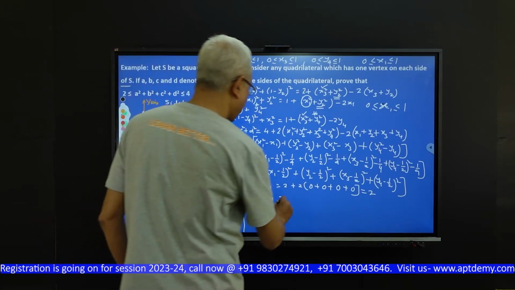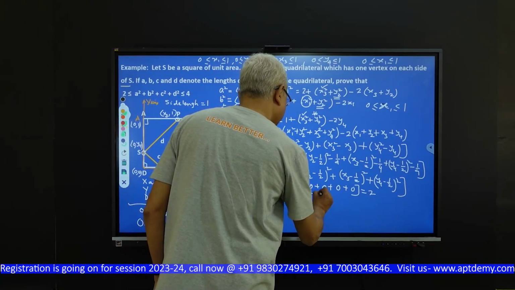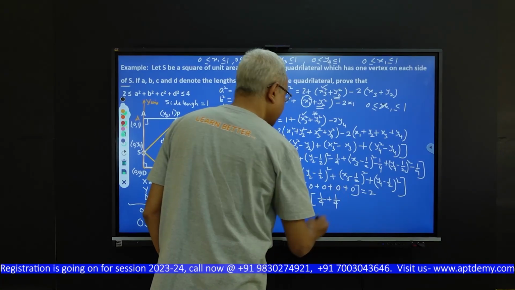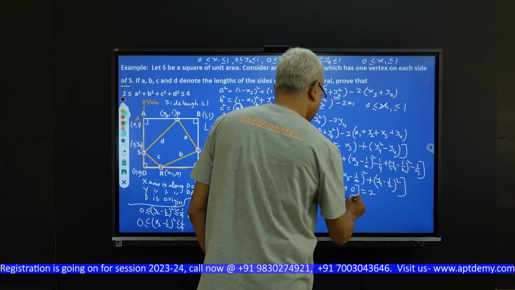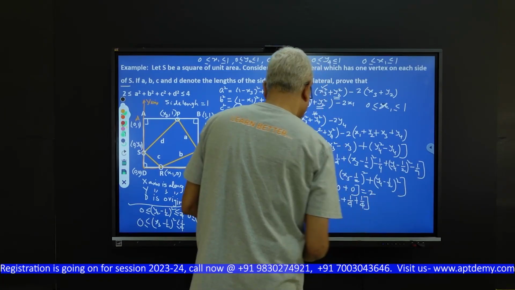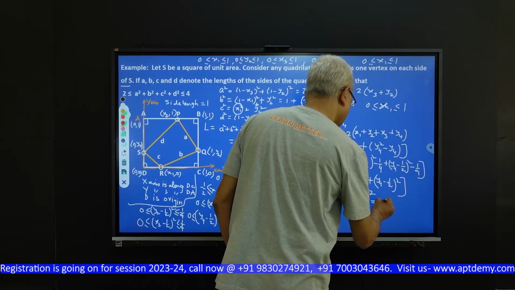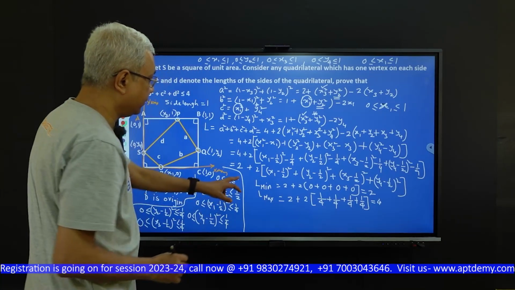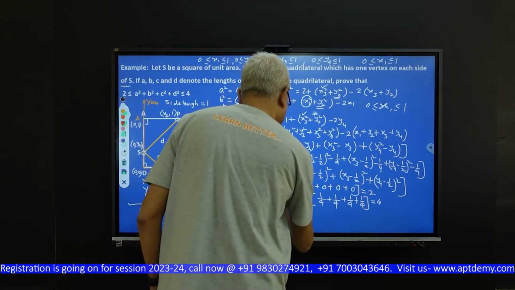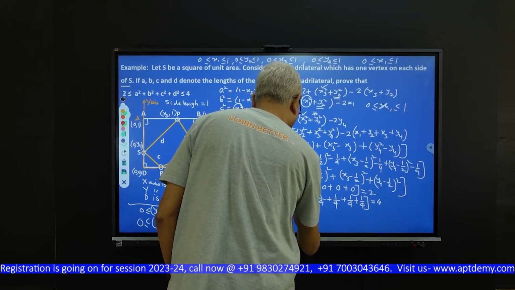So L max occurs when, in 2 plus 2 into these values, they are maximum. So it is 2 plus 2, 4. So L minimum is 2 and L maximum is 4. Therefore, L lies in the range 2 to 4.